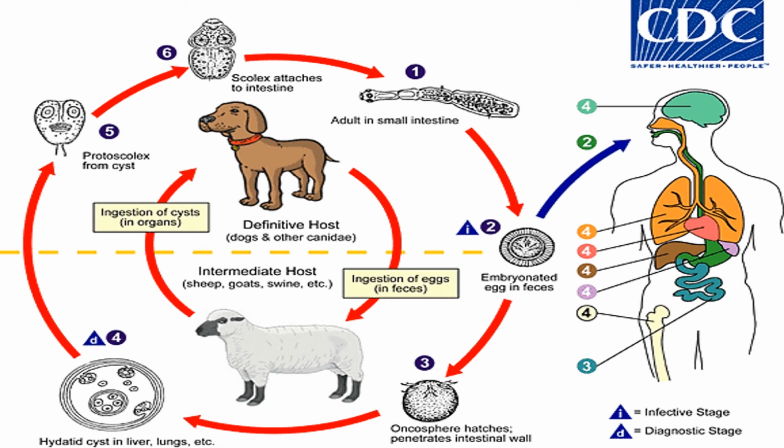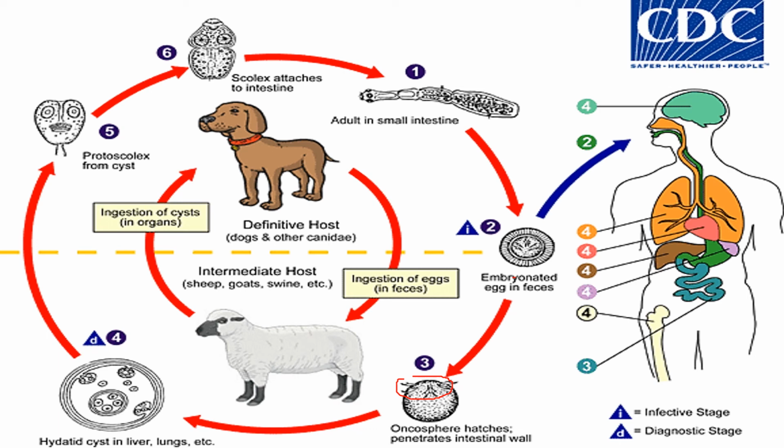For example, if a dog, the definitive host, is infected with adult Echinococcus granulosus, eggs will be present in the feces as embryonated eggs containing the hexacanth embryo. The hexacanth embryo in the soil will be ingested by sheep, goats, or swine as intermediate hosts. The oncosphere with its hooklets attaches upon ingestion, penetrates the intestinal wall first, and forms a hydatid cyst in the liver and lungs.